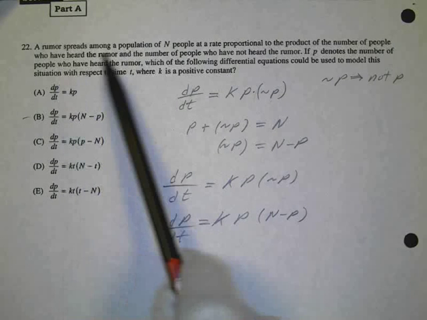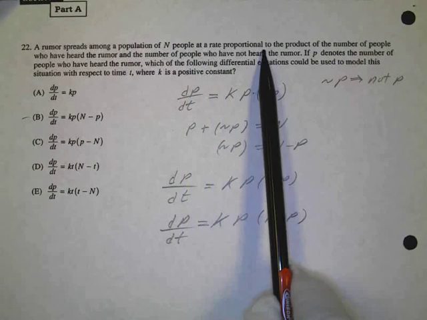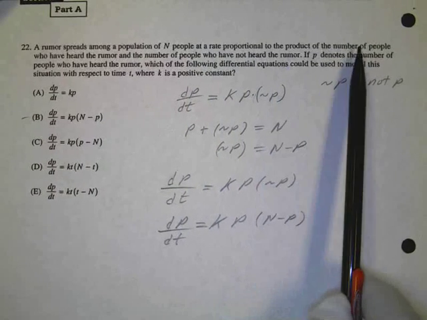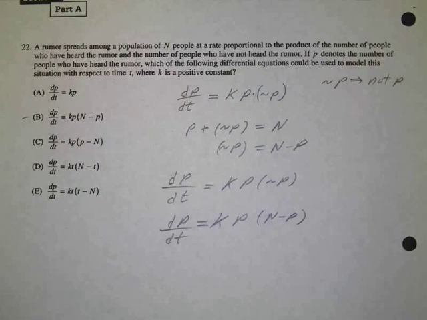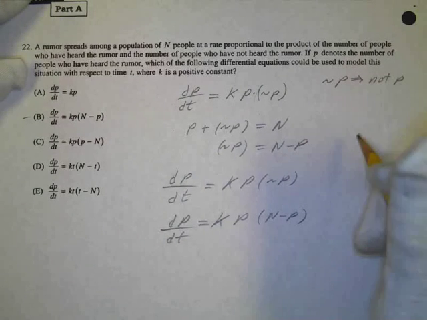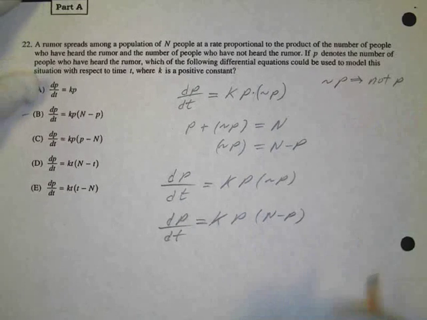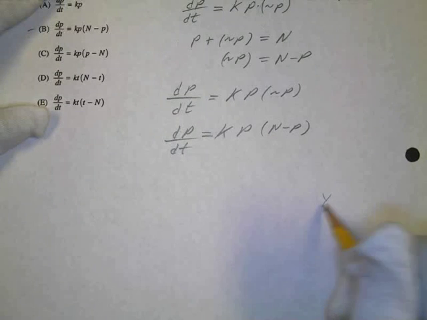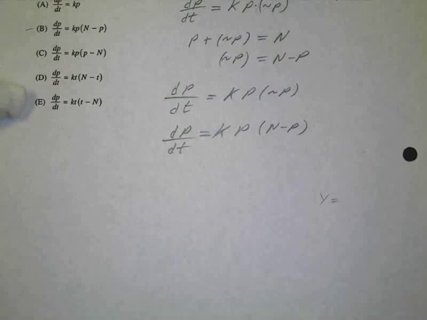All right? So a rumor spreads amongst a population of n people at a rate proportional to the product of the number of people who have heard the rumor and the number of people who have not. So if you go back to Algebra 2 and you talk about proportionality, if something varies proportionally, I always told my students in Algebra 2, if you see proportionality, the first thing you write is y equals k.